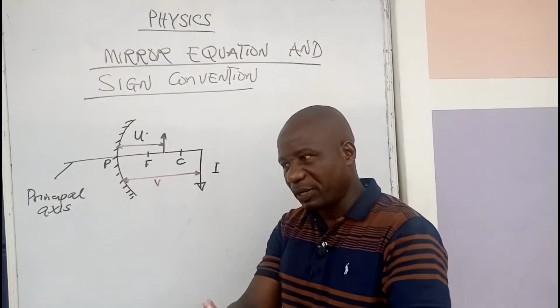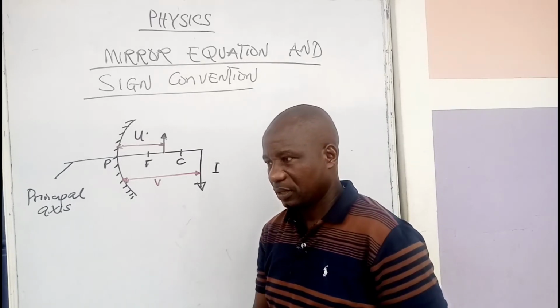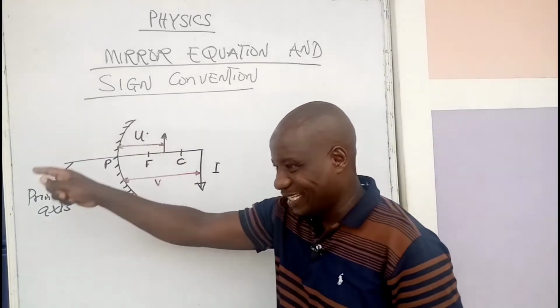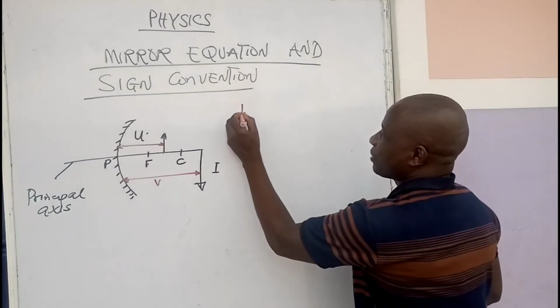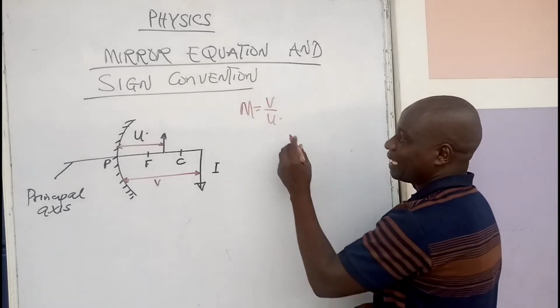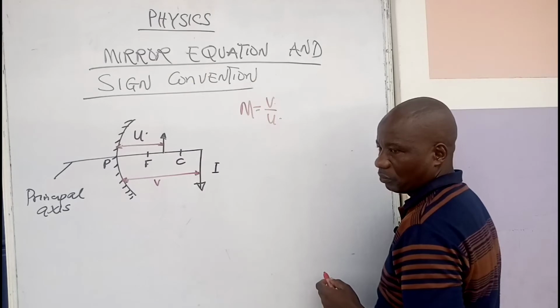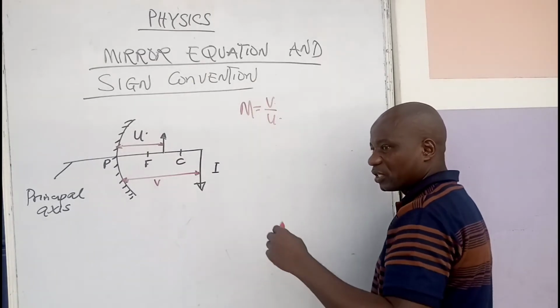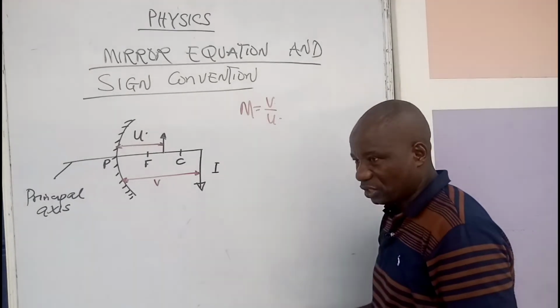From where? From the mirror. If you are dealing with lens, you say from the lens. So object distance, image distance. Now our magnification is V all over U, that is image distance all over object distance. That is our magnification.